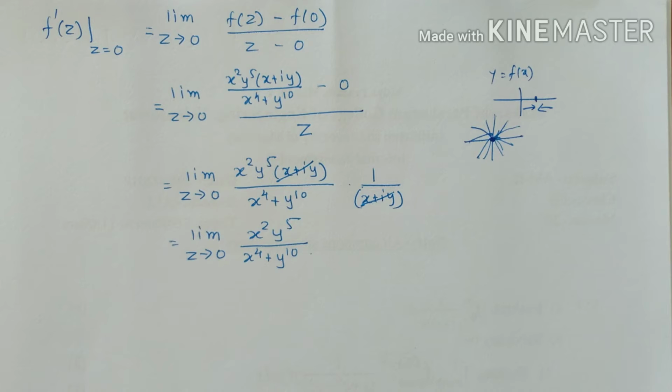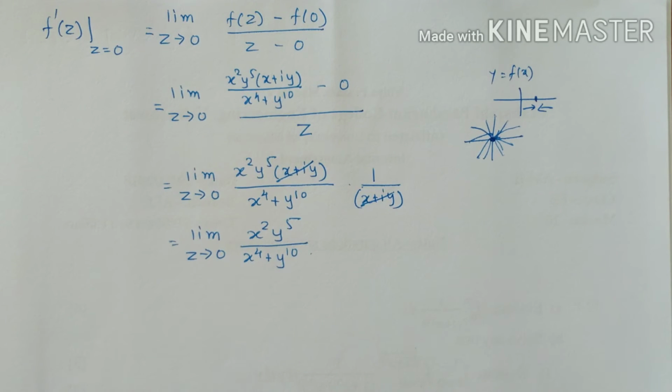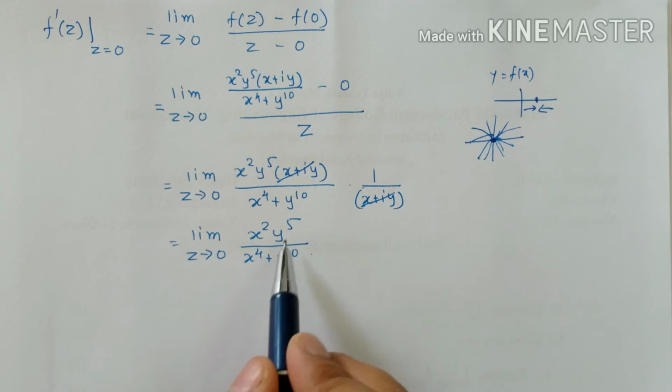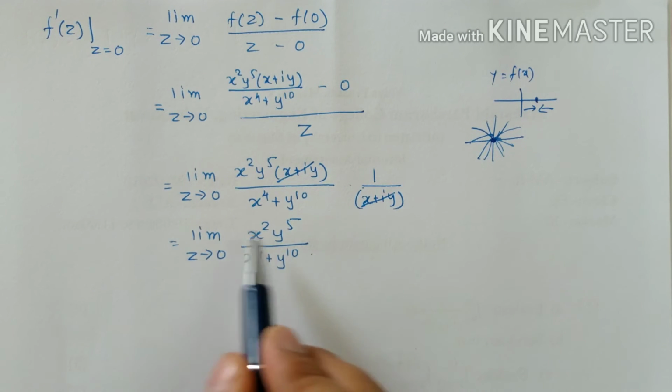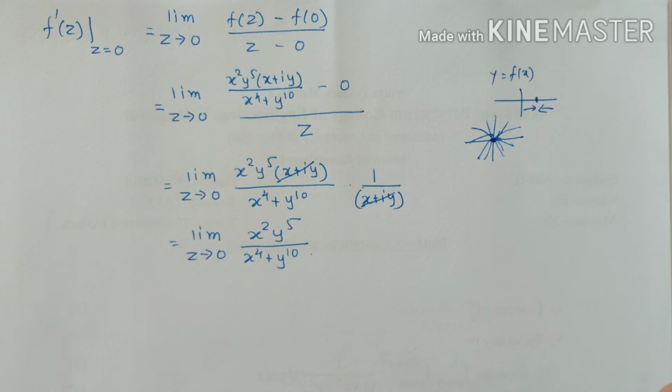So you have to follow two different paths and show that the function is not analytic. It means we have to show that the function is not differentiable. So to show the function is not differentiable, we have to show the limit of this quantity along two different paths is not the same.